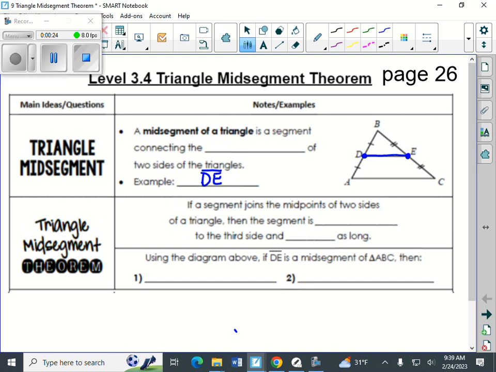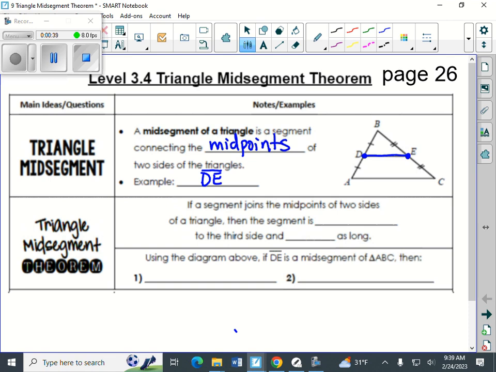What the midsegment of a triangle does is it connects the midpoints of two sides of the triangle.